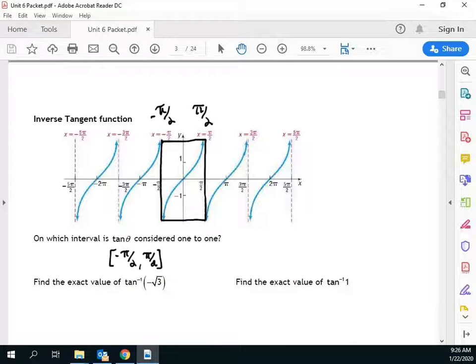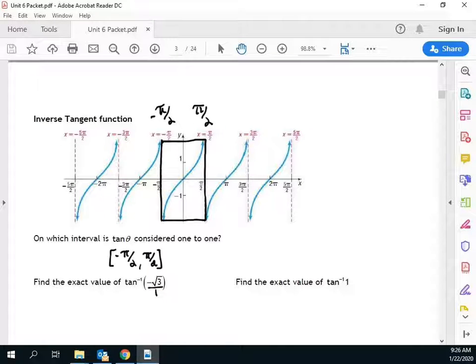So we're looking here at negative root 3. Well, if we come over here, you can rewrite this as a fraction. And I encourage you to do that in tangent. Tangent is sine over cosine. So which one of these angles is going to give me the square root of 3 over 1?